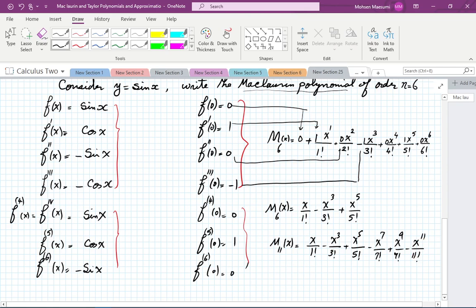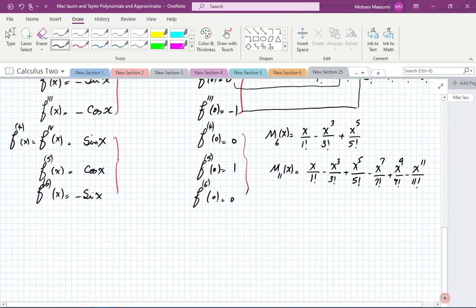Okay, so this is the Maclaurin series for the sine function up to including power 11. Okay, so we say if we take this thing and plot it, it's going to look very close to the graph of sine of x. We can use it to calculate sine of x and get a very good approximation and so on. Let's go practice another example of this thing.